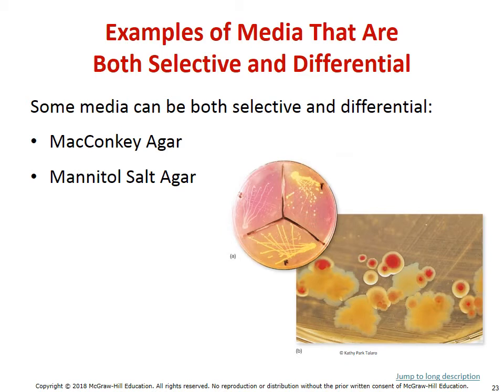So naturally we can use the salt here as our selective feature, only selecting or allowing the growth of organisms that can tolerate salt. So that really means the mannitol has to be our differentiation factor here. And again, mannitol is something that we can break down and produce a waste product like acid.